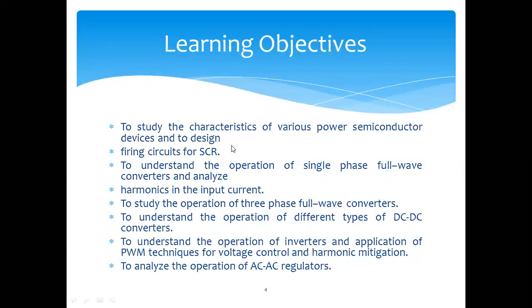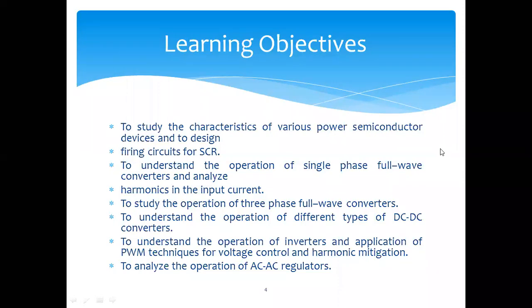the subject. Next one, to study the operation of the three-phase full wave converters and to understand the operation of different types of DC to DC converters, and also operation of the inverters and application of pulse width modulation techniques for voltage control and harmonic mitigation. Harmonics are occurring, but how can you reduce or decrease them?